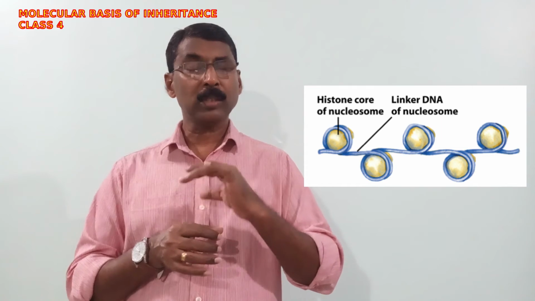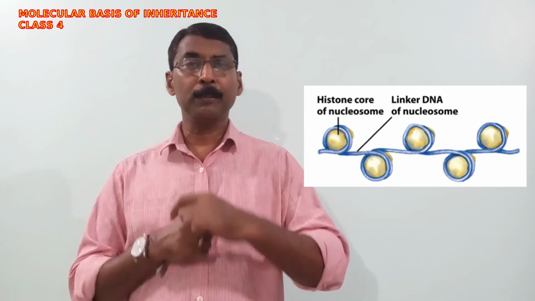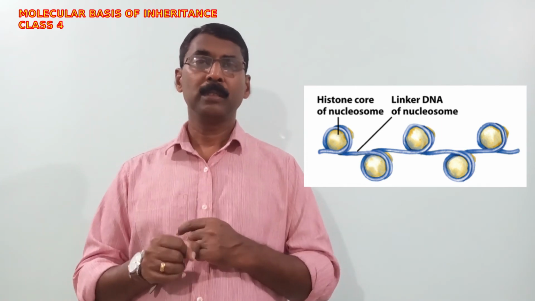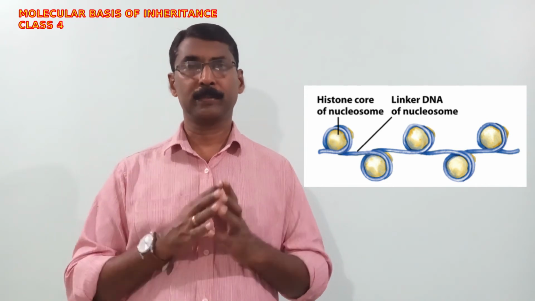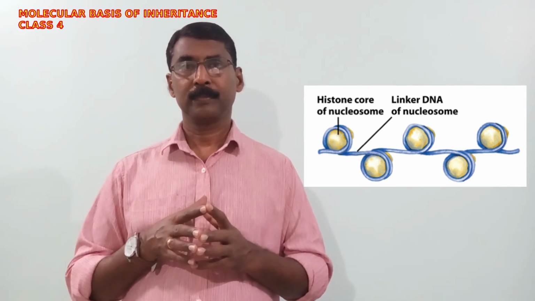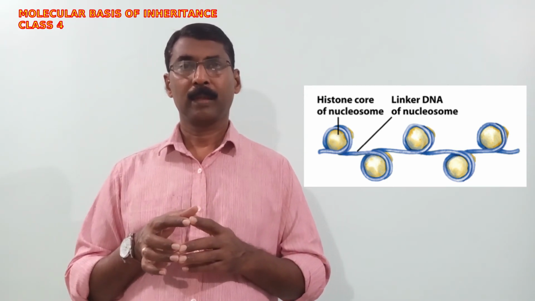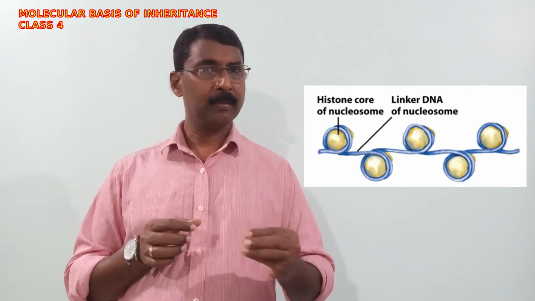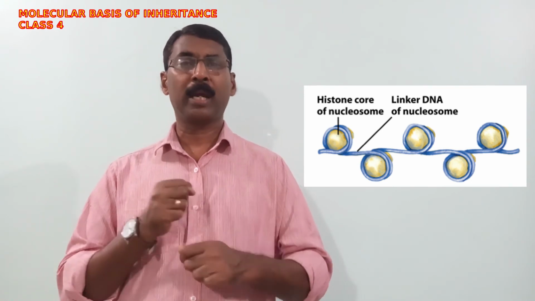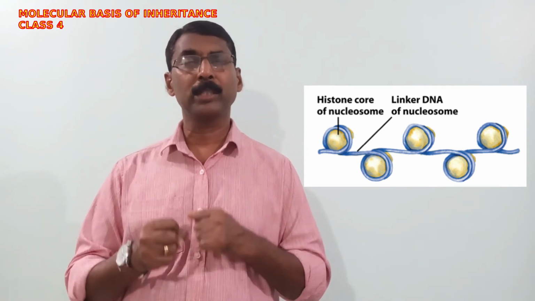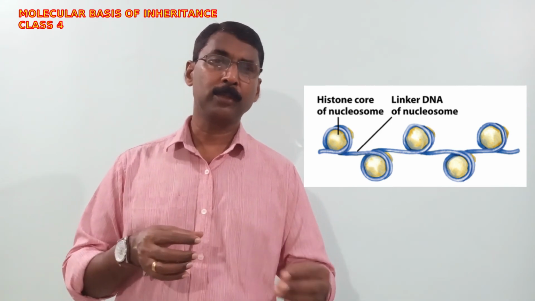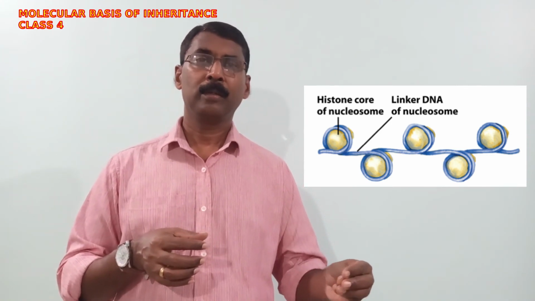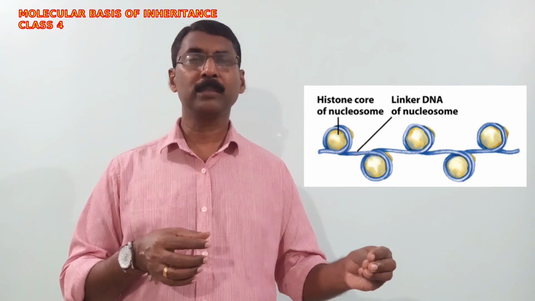On each histone octamer, the length of the DNA molecule wrapped is about 200 base pairs. After the wrapping of 200 base pairs around a histone octamer, the DNA molecule comes out free for a short length.